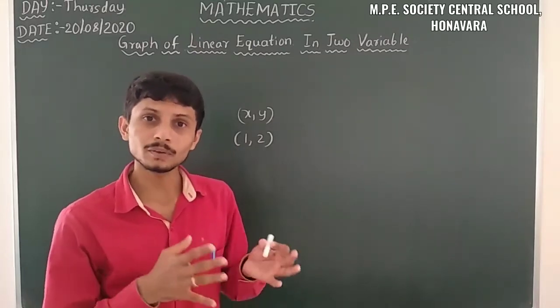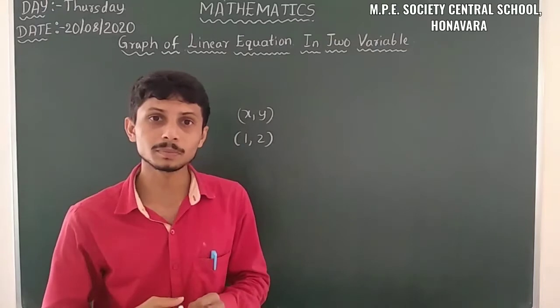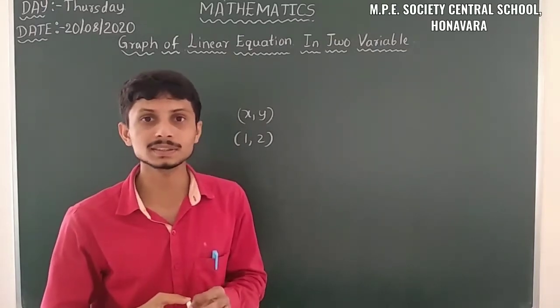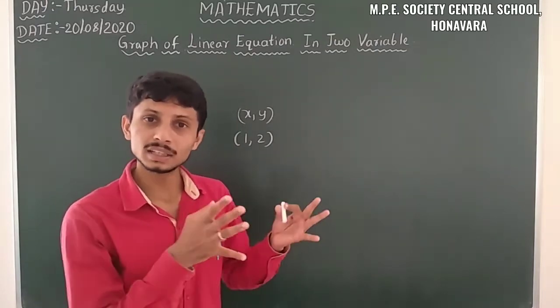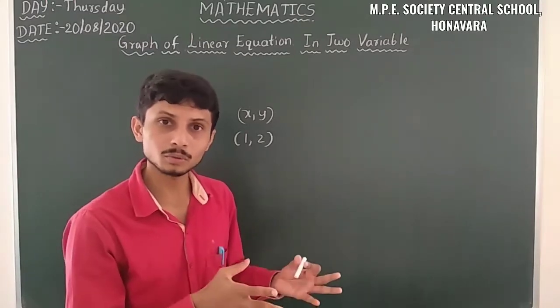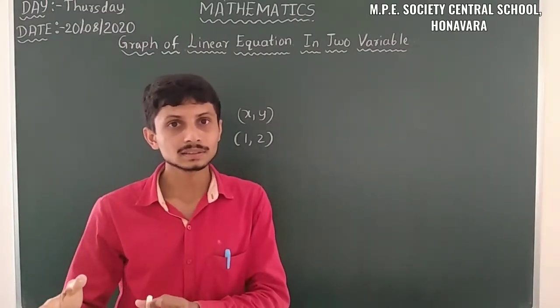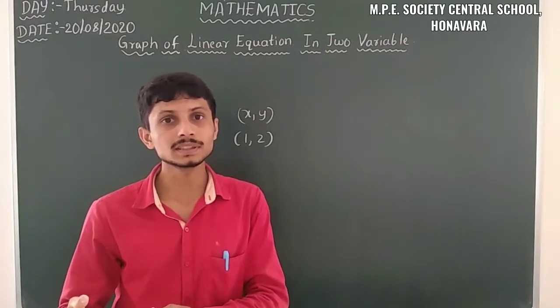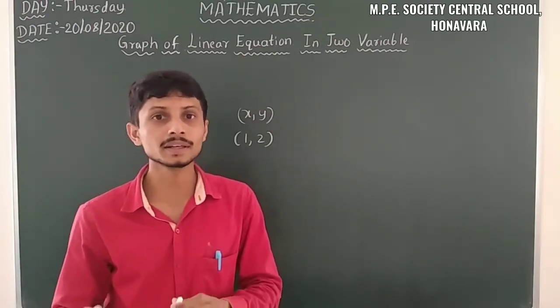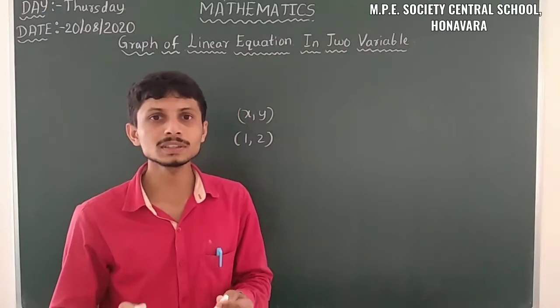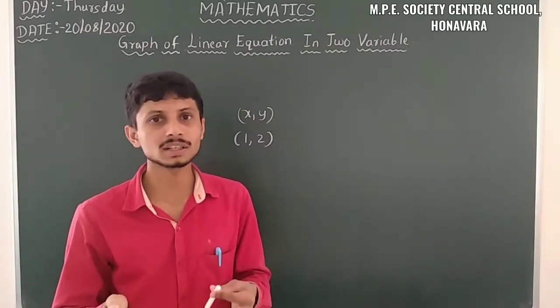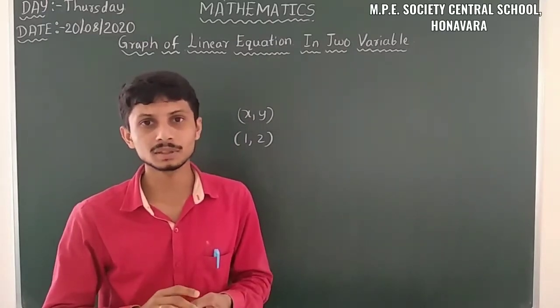The linear equation in two variables is ax plus by plus c is equal to 0. Both have two variables, so the relation is one and the same.